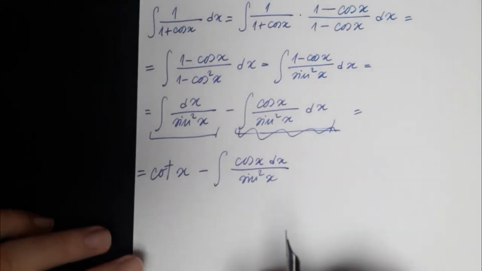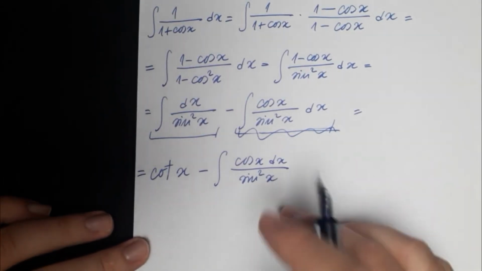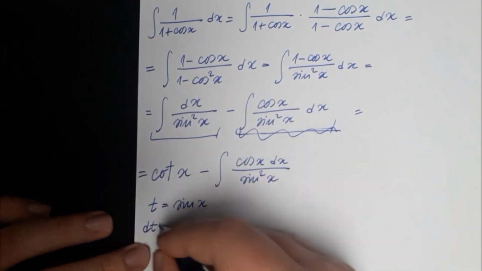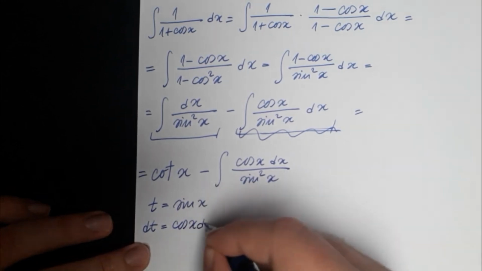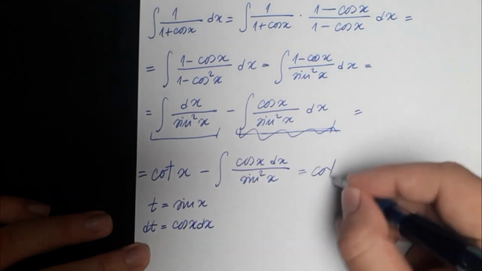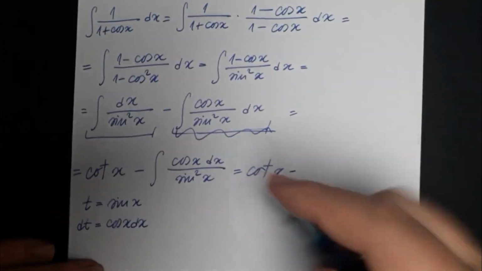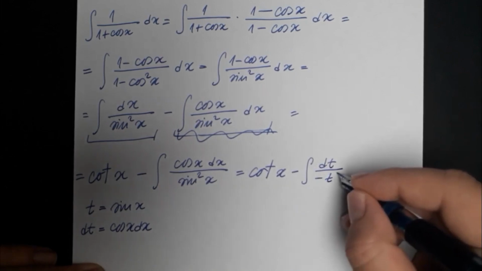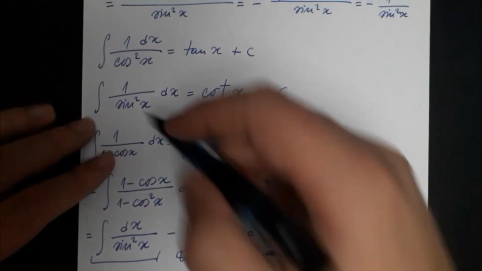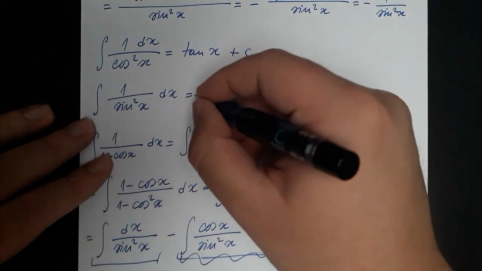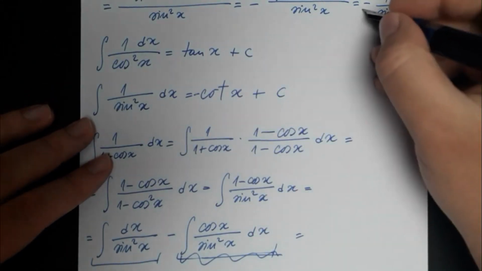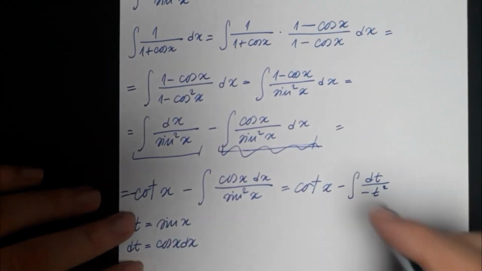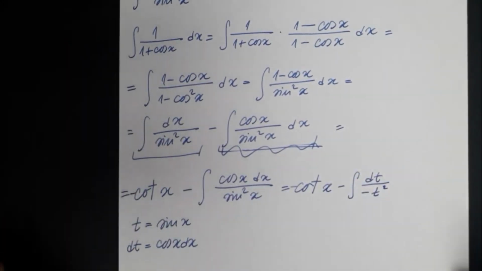We are going to solve this integral by introducing a substitution. T is equal to sine x, and then dt is cosine x dx. So we get negative cot x minus integral of dt divided by t squared. We had integral of 1 divided by minus. Because of this minus right here, I forgot it. So we have minus right here and minus right here.